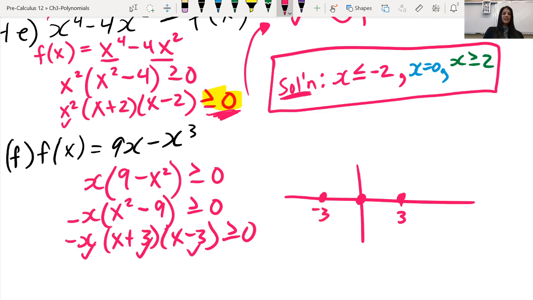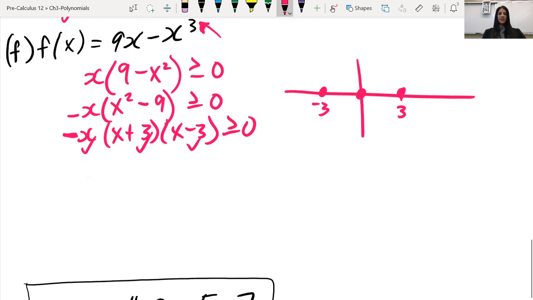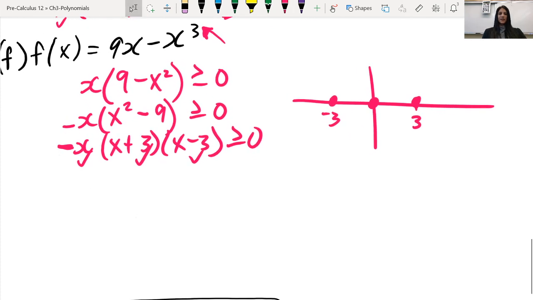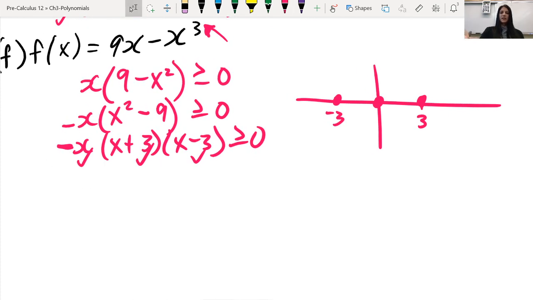But notice that this time I do have a negative lead coefficient. This is clearly a cubic function, which I can tell from the exponent up there. Let's get rid of the last example. It's clearly a cubic, so I know it would either look like this or like this, and I determine that by looking at the lead coefficient.